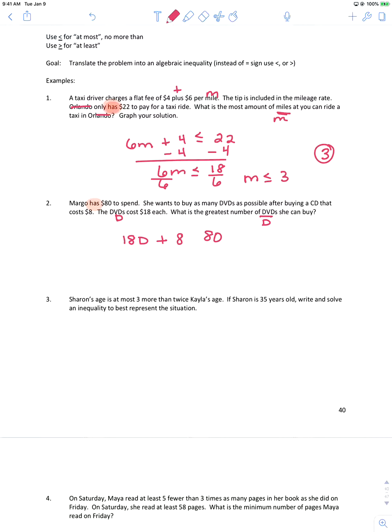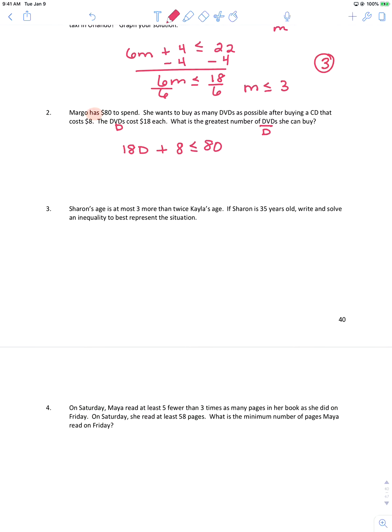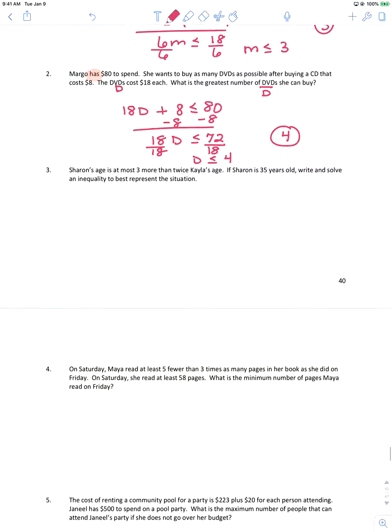I have $80 to spend. Having it to spend is less than or equal to. When I solve, I get 18D is less than or equal to 72. And when I divide by 18, I get D is less than or equal to 4. So the greatest amount that she can buy would be 4.